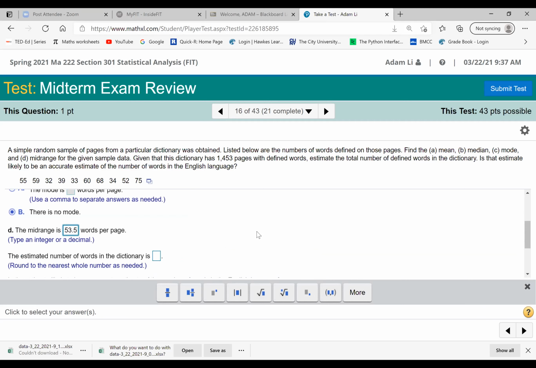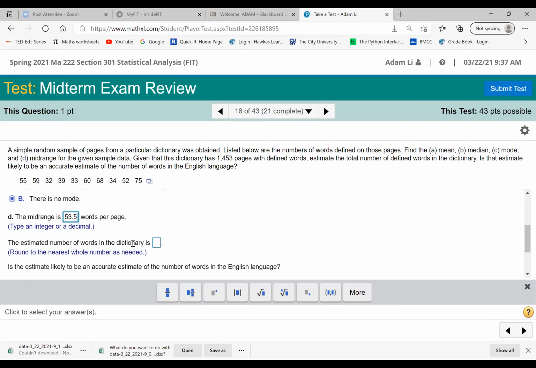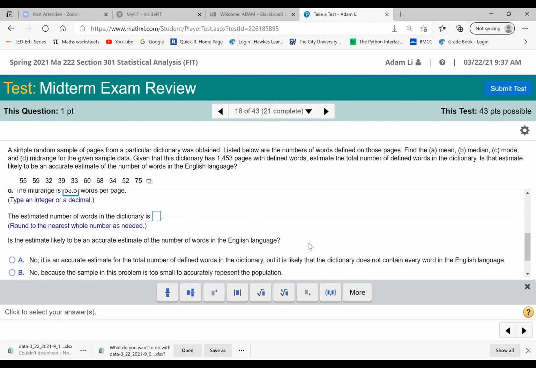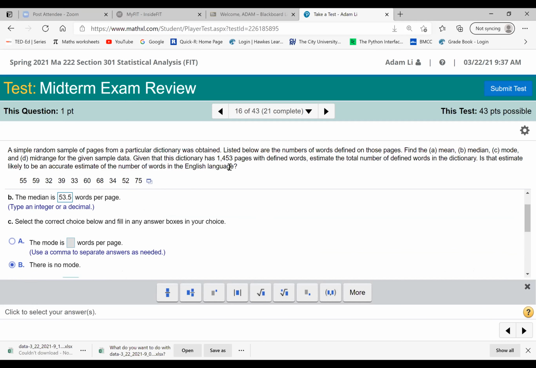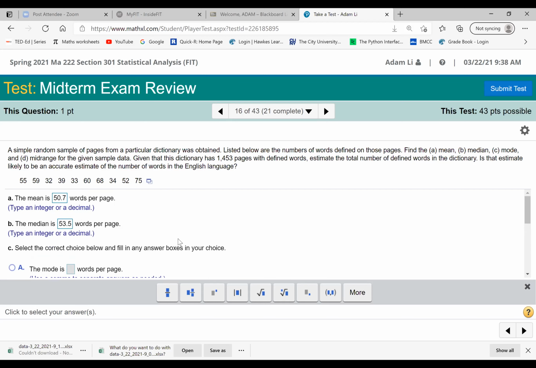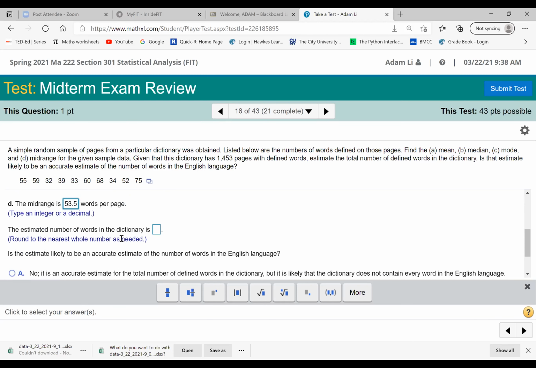53.5 as well. And also the estimated number of words in the dictionary: you just multiply the average, 50.7, by the total pages. On average, there are 50.7 words per page. You multiply by total pages, 1,453, and this turns out to be 73,667, rounded to the nearest whole number.